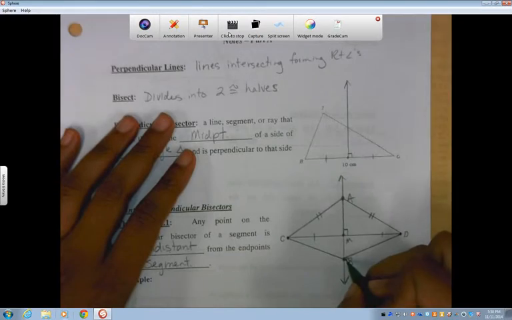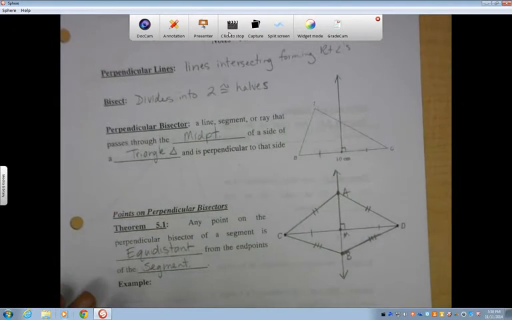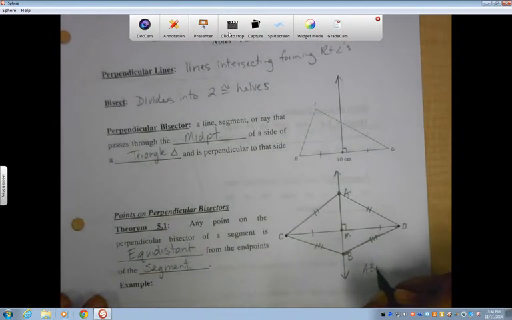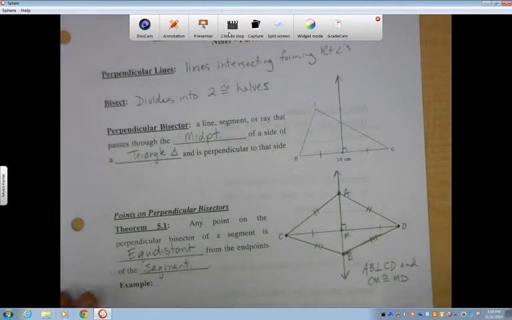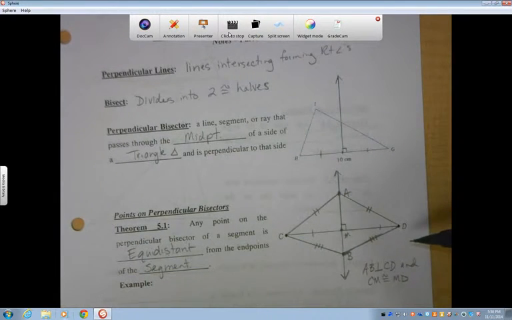I apologize, 3 tick marks. So basically, since I know that AB is perpendicular to CD and CM is congruent to MD, because we have a perpendicular bisector, then I know that any point on that perpendicular bisector is to be equal distance to the endpoints.